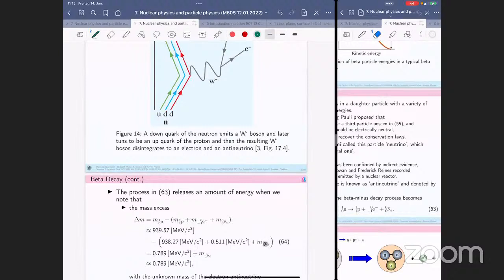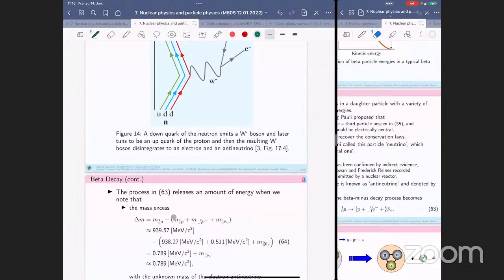The electron anti-neutrino or electron neutrino are very hard to detect because they don't interact with others and they don't have charge. It's very difficult to detect the electron anti-neutrino. Now let's try to get the information on the electron neutrino or anti-neutrino.